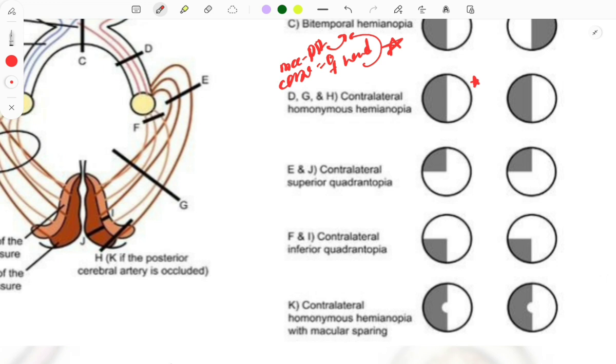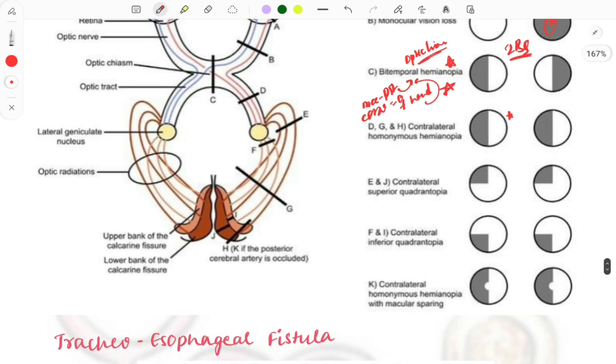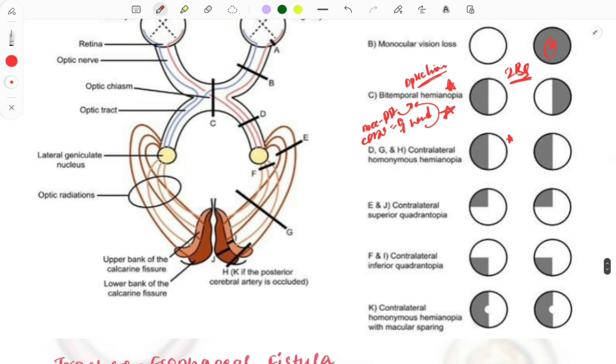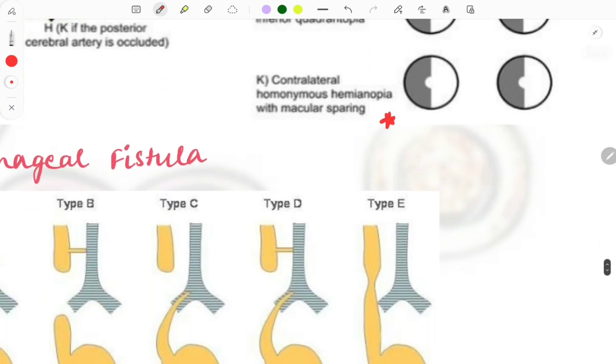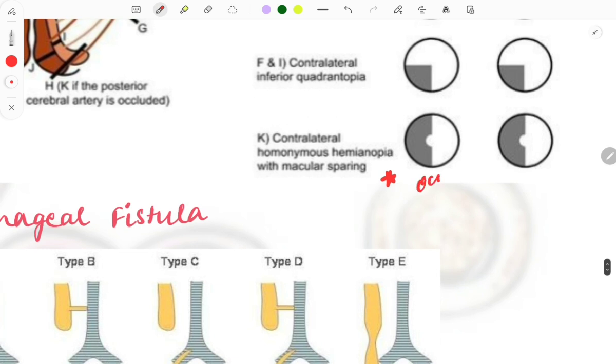Like the contralateral superior quadrantanopia, this occurs when there is damage to the optic radiations, and this one is also an important image. This one will occur when there is damage to the occipital lobe where the visual center is located, and the macular sparing. So this is the buzzword, macular sparing, which you must find in the question.